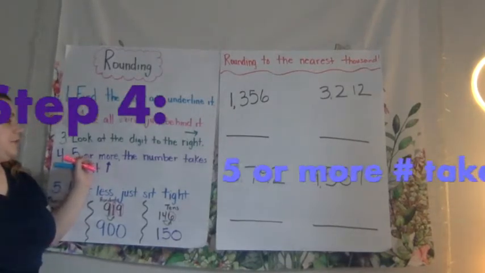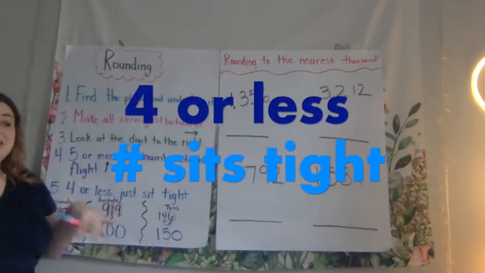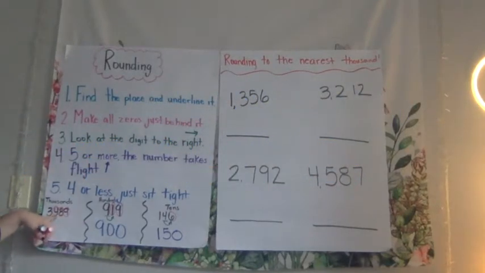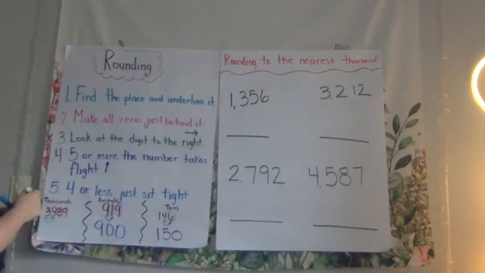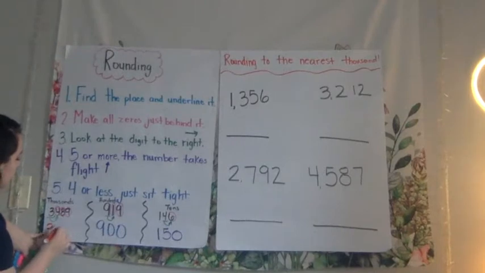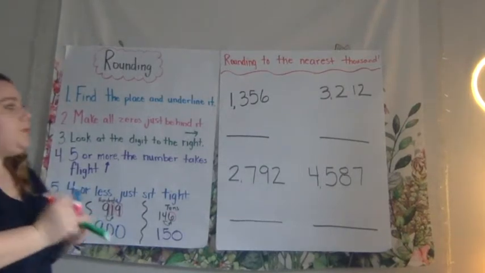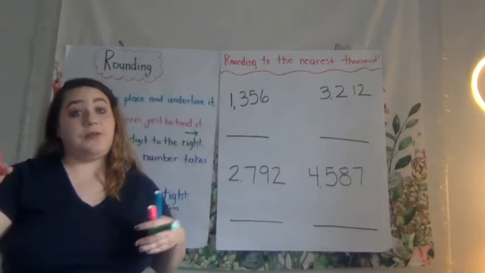We know 5 or more, the number takes flight. 4 or less, it sits tight. Is this 5 or more or 4 or less? It's 4 or less, so it's going to stay the same. 3,000. Just like that. So it's super easy. It's the same steps. We just have to get used to now using it in the thousands place.